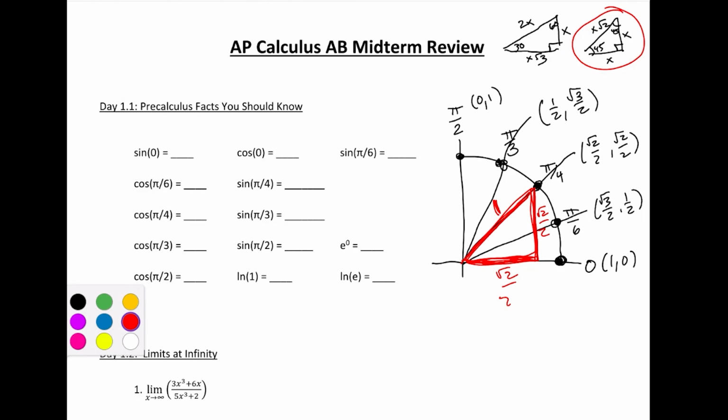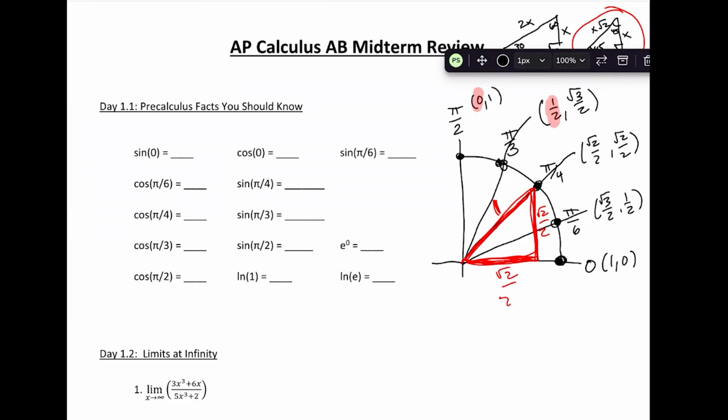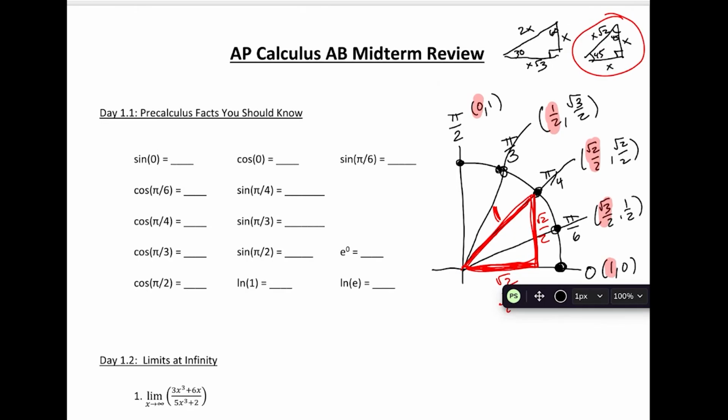So bottom line is you're going to get these sine and cosine values from the x and y coordinates of these points along the unit circle. So the x coordinates that we see, like pi over 2 is 0, at pi over 3 it's 1/2, and so forth, will all give you the values for cosine of their corresponding angle measure.